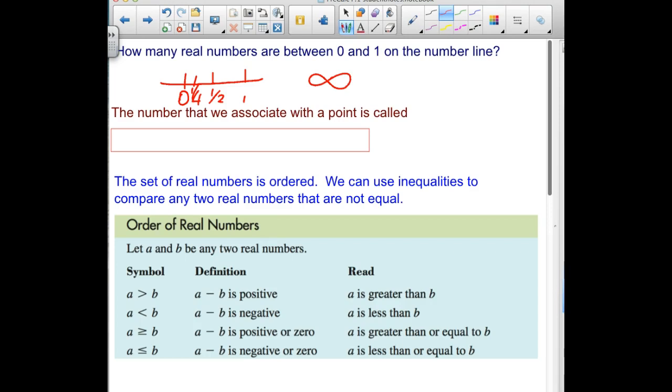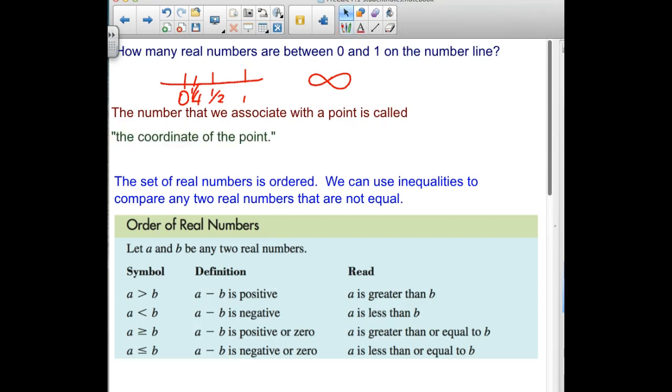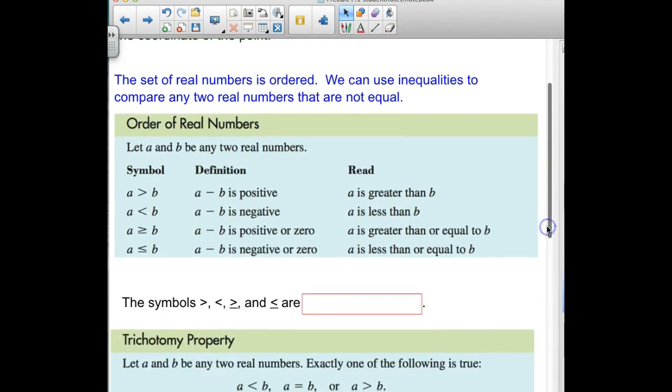Okay, the number we associate with that point is called the coordinate of the point. And since the set of real numbers is ordered, we can actually organize them on a number line. We can use inequalities to compare them. So given any two real numbers, one option is that A is bigger or greater than B. If that is the case, then A minus B is a positive number.